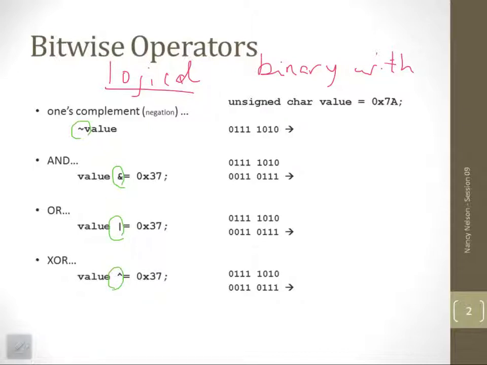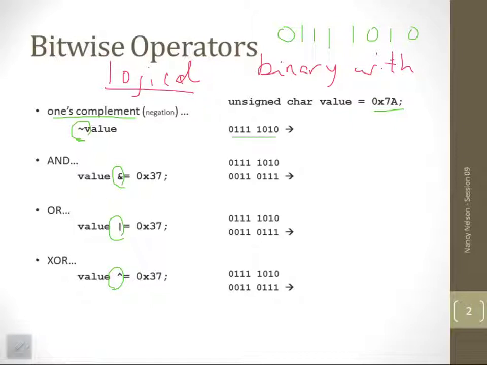So let's take a look at the tilde first. The tilde is an inversion operator. What it's going to do is perform a ones complement, or an inversion, of each individual bit in the byte. So say, for example, we have the hexadecimal value 7a. So that would be 0, 1, 1, 1, 1, 0, 1, 0.